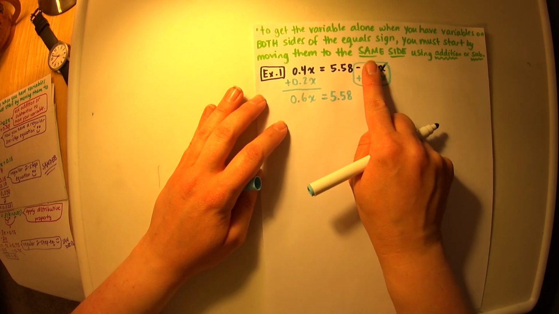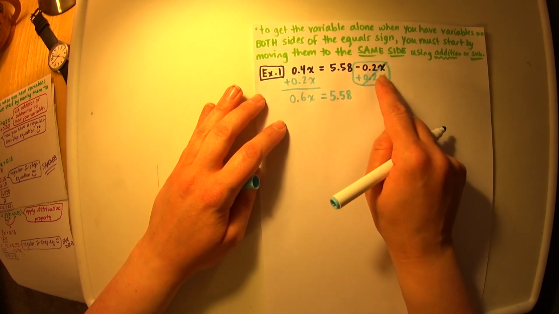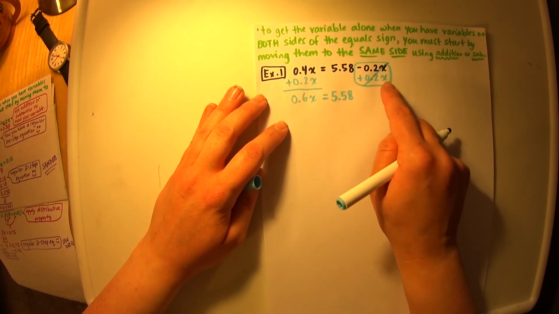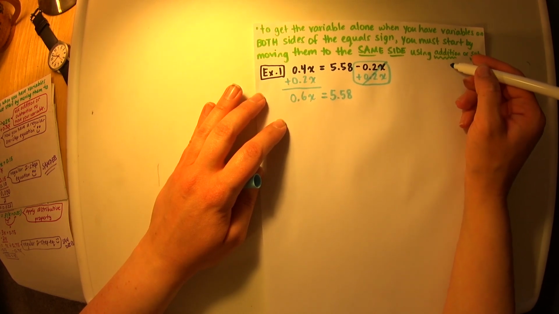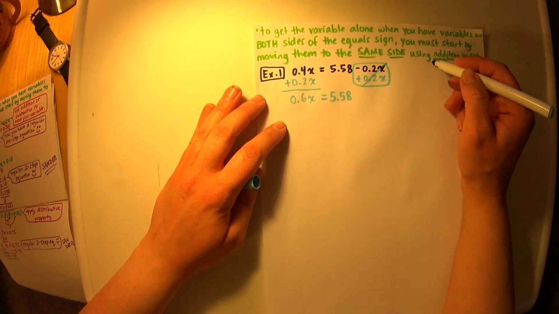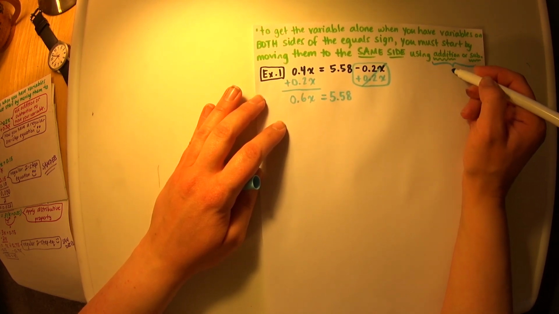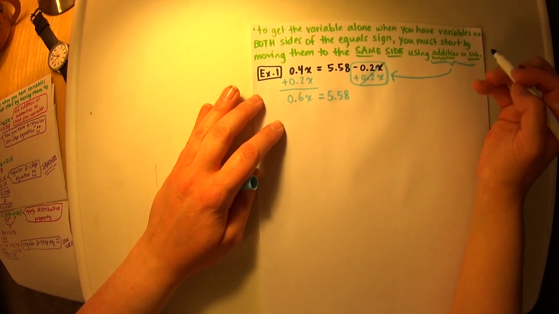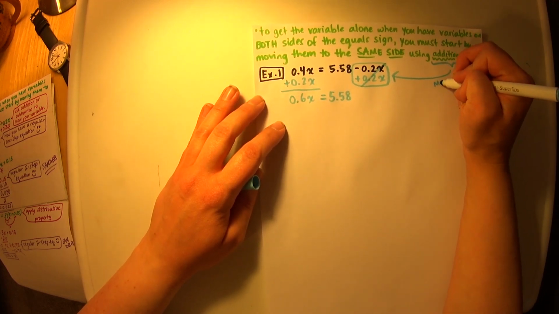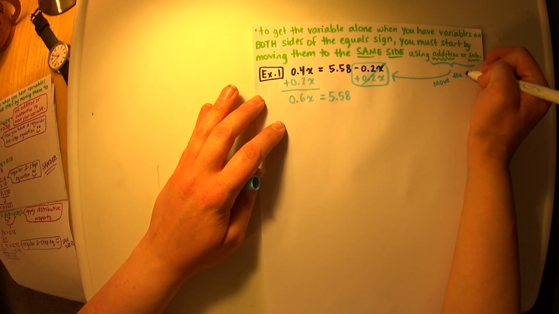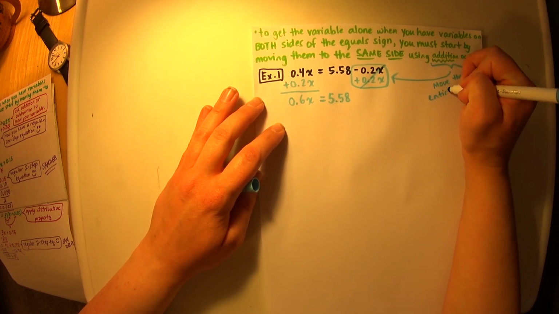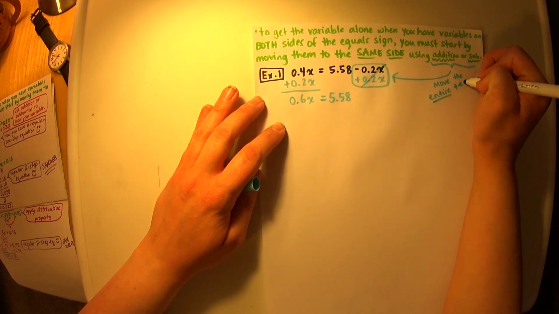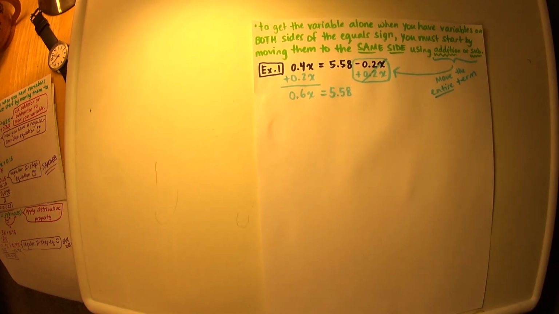All we would have got rid of then would be the numerical coefficient. So to move the entire term, including the variable, we have to specifically use addition or subtraction to do that. We have to move the entire term.